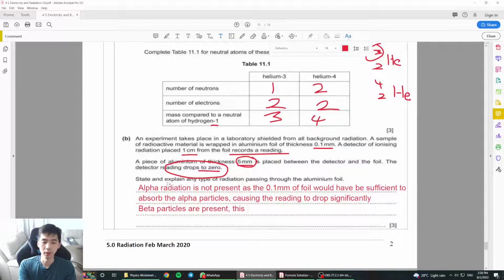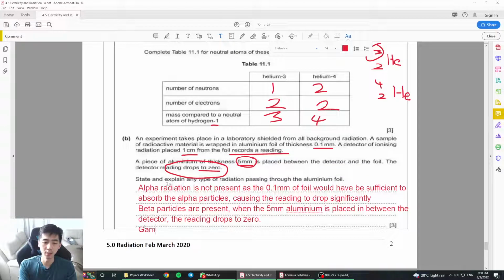When the 5 mm aluminium is placed between the detector, the reading drops to 0.